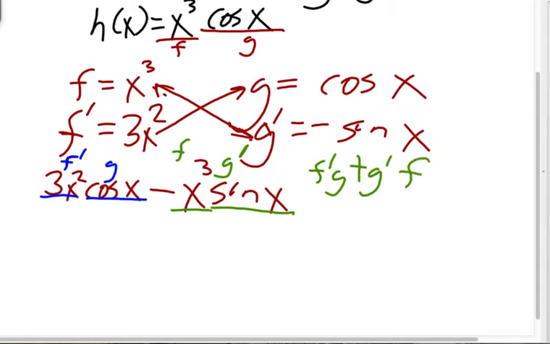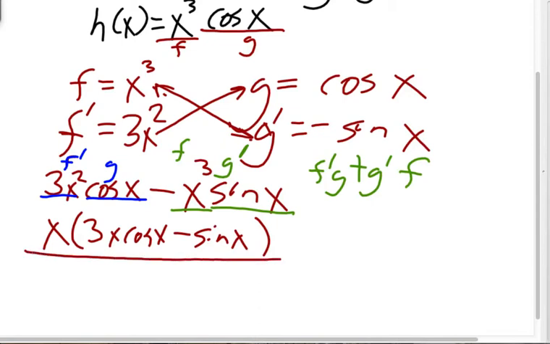Remember, it doesn't matter what order you multiply these in. All right, well, notice I can factor out an x, so I'm going to do that. I have x times 3x cosine of x minus sine of x. And that will be the final answer right here.